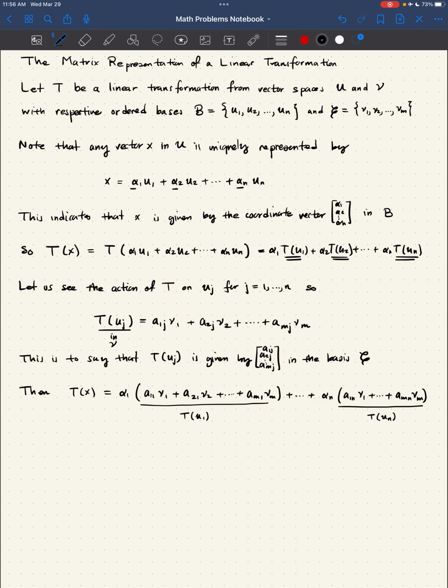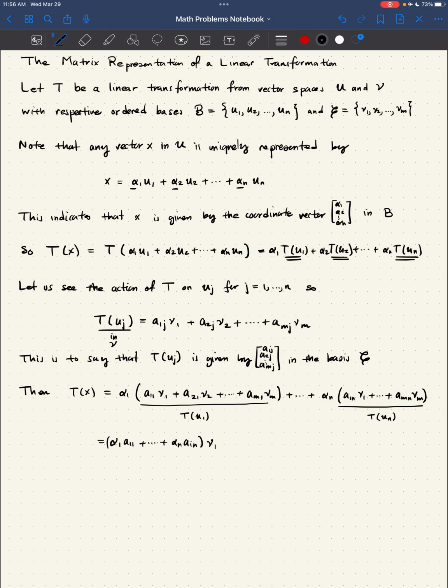Now let's manipulate this a little bit to obtain the following. We can write it as alpha 1 a11 plus and so on plus alpha n a1n, times v1.